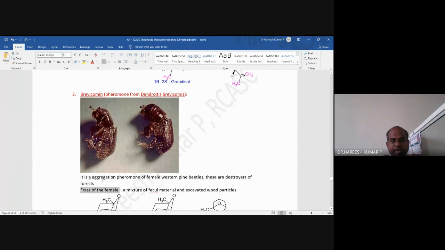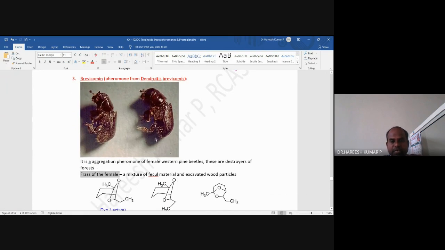It belongs to the aggregation pheromones, and this picture is nothing but a western pine beetle, and what these insects do is destroy the forest.